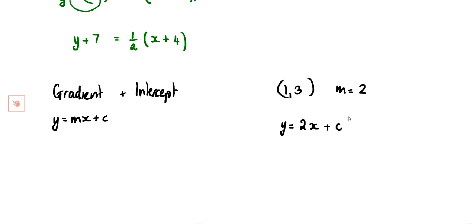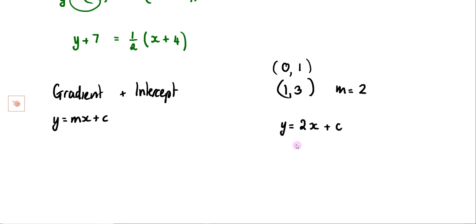But what's c? C is the y-intercept, or our initial condition, where x is 0. Now, we don't have that. We could work it out, like we did already, 0 and 1.